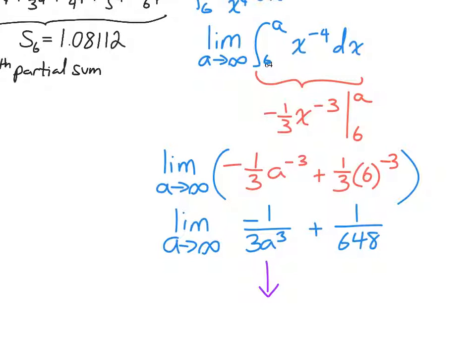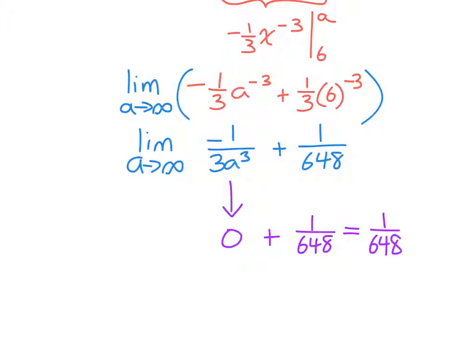What's the limit as a approaches infinity of negative 1 over 3a cubed? 0. So 0 plus the constant is just going to be the constant.